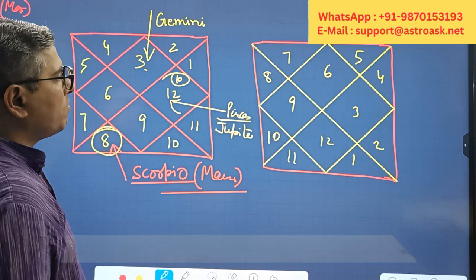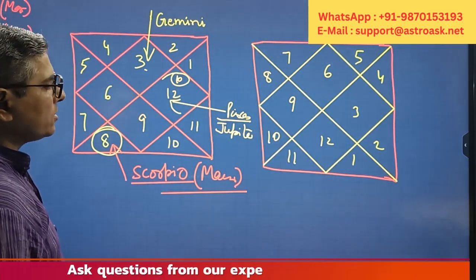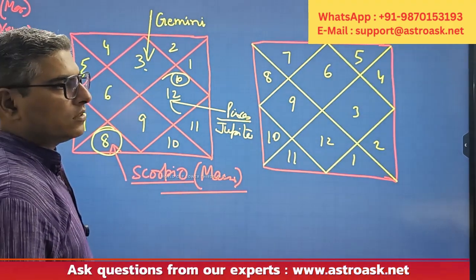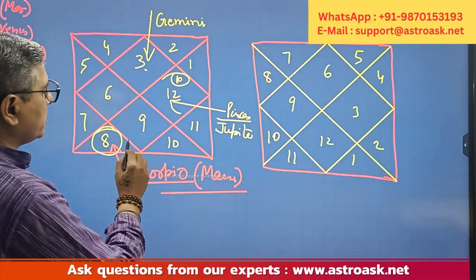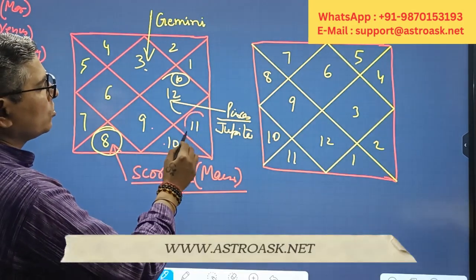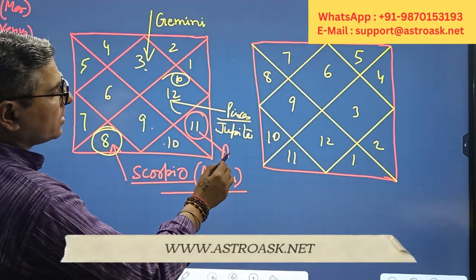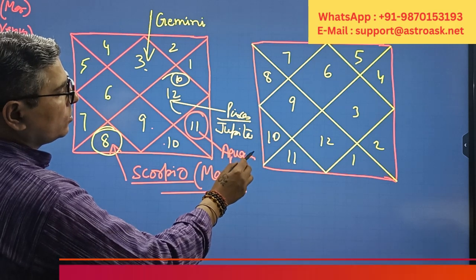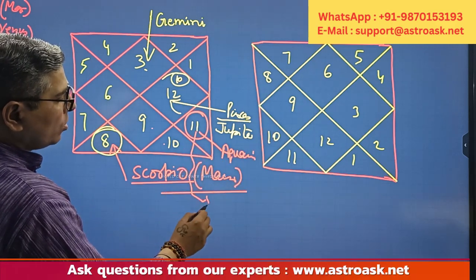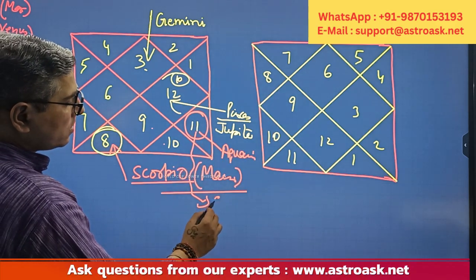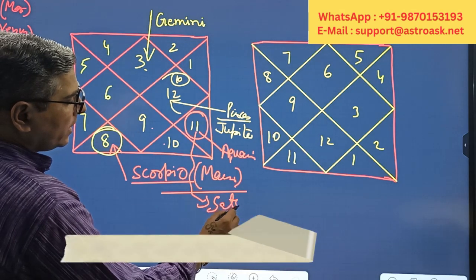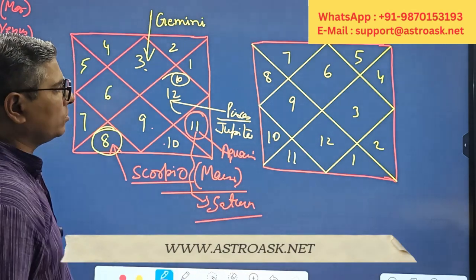Similarly, if I ask you the lord of the 9th house, the 9th house is this, 6, 7, 8, 9. So the 9th house is Aquarius here, right? So the lord of this house is Saturn. Aquarius belongs to Saturn.